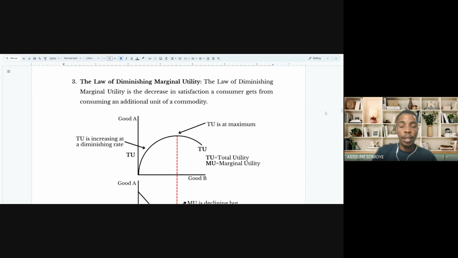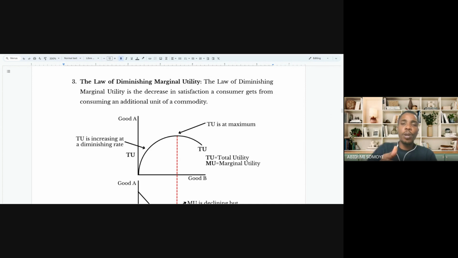Before we look at the graph, remember that when I was talking about cardinal utility, I mentioned the consumption of a good in terms of the law of diminishing marginal utility. The law holds when you are consuming a good within a given time frame, let's say 2 months or 3 months.